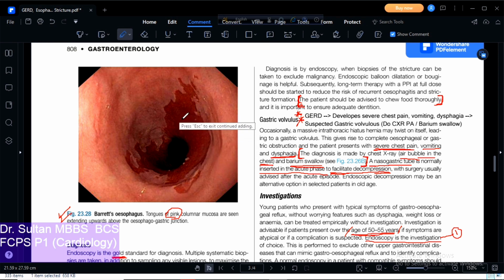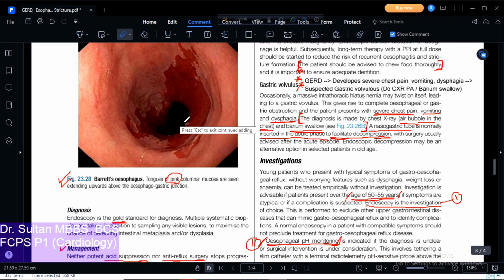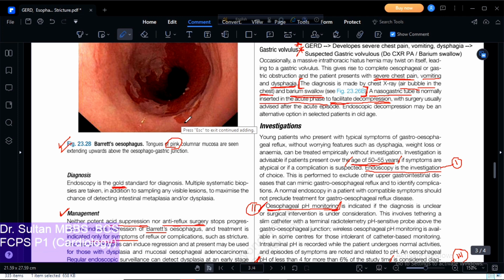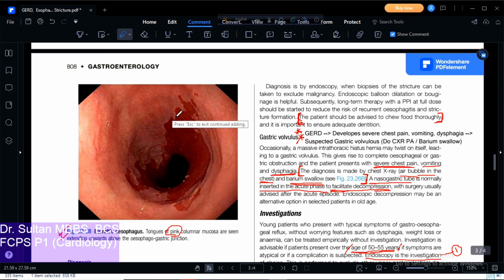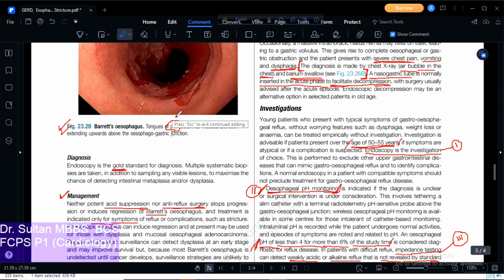This is how a Barrett esophagus looks. So how do you diagnose Barrett esophagus? By endoscopy of the upper GI tract. You do a simple endoscopy and you can diagnose Barrett esophagus.